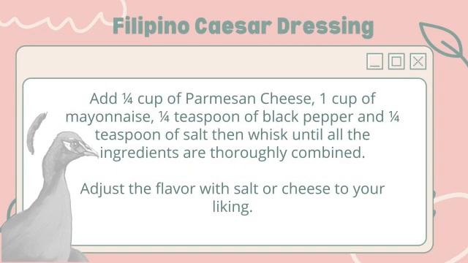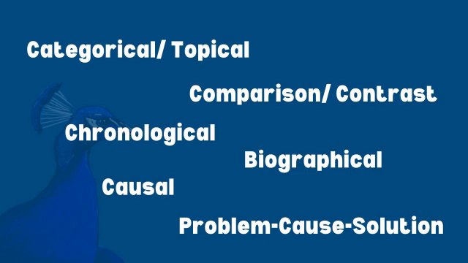Add 1/4 cup of Parmesan cheese, 1 cup of mayonnaise, 1/4 teaspoon of black pepper, and 1/4 teaspoon of salt, then whisk until all the ingredients are fully combined. Adjust the flavor with salt or cheese to your liking. Based on the following, what type of organizational pattern was used in writing the recipe? That's right, the written text is in a chronological pattern.